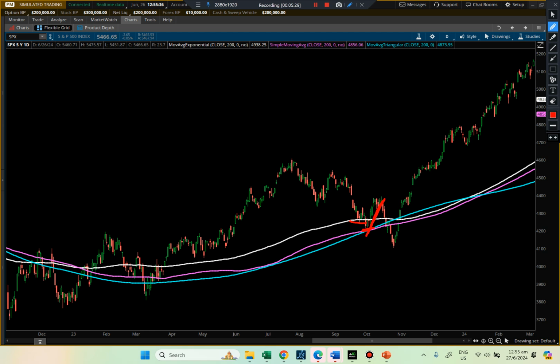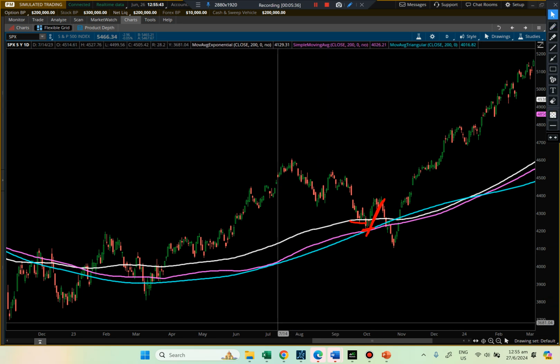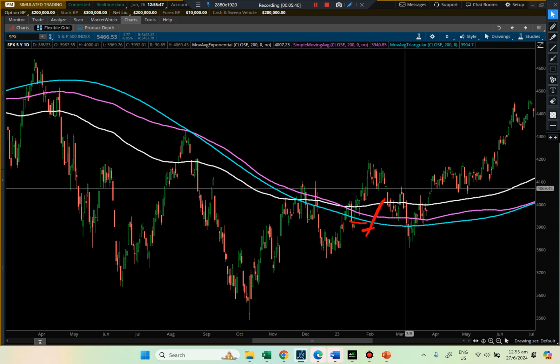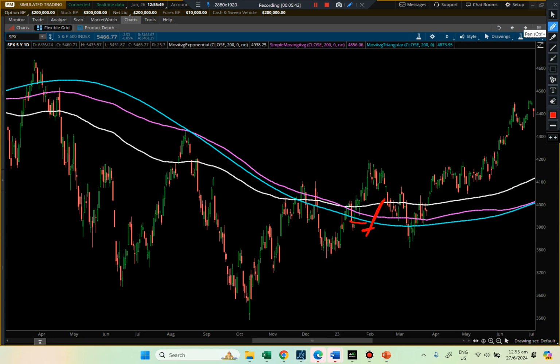So we can take a look at a few other points. Okay, you look at some points over here. Do you notice that at this level, the SMA doesn't even react?